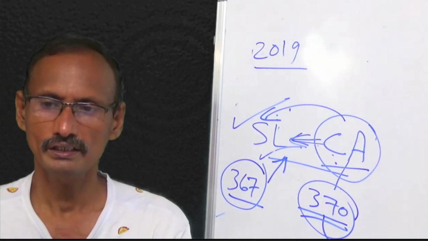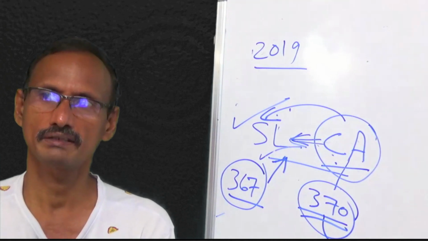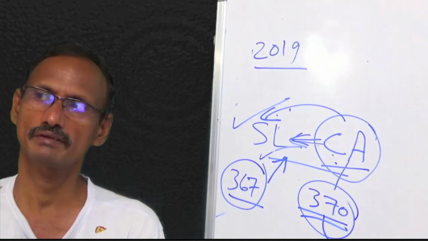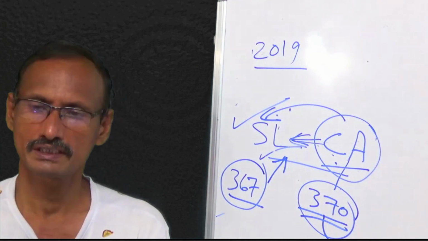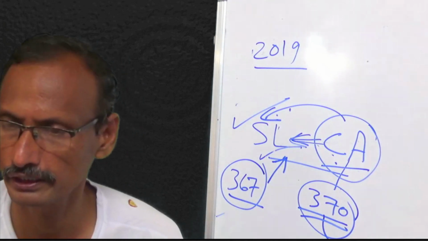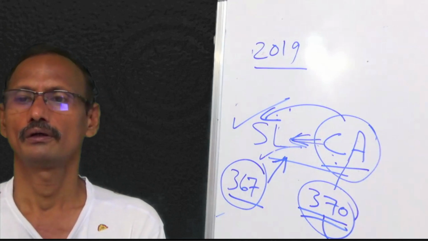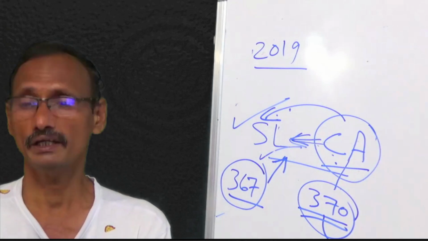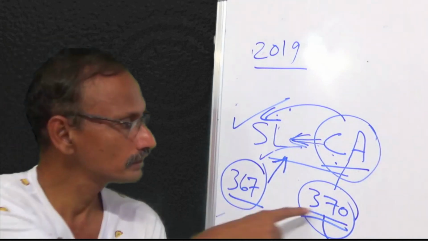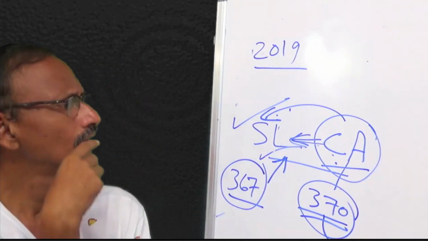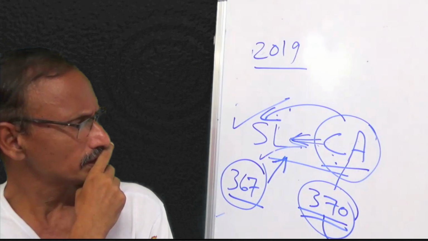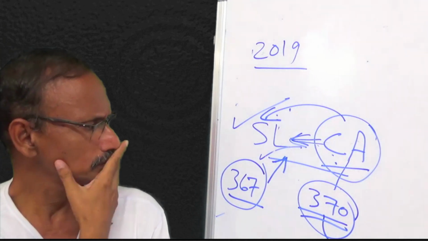So the point here is that when you can't amend 370, how can you amend 367? The Supreme Court said that what you cannot amend directly, you can't amend indirectly. So when you can't amend 370, you can't amend 367. And more importantly, making a state legislature equivalent to a constituent assembly is too sweeping.